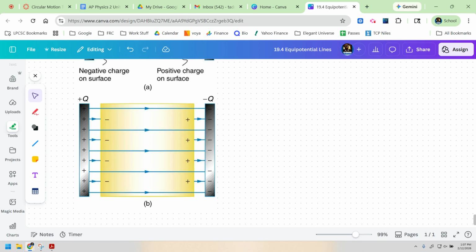Another way to understand dielectric increased capacitance is to consider the effect on an electric field in a capacitor. When we look at figure B, it shows the electric fields with the dielectric in place.